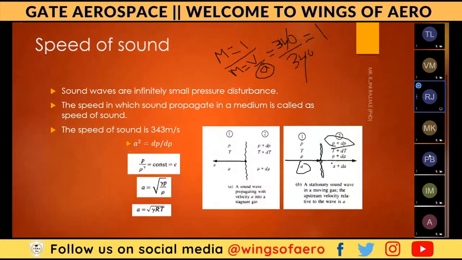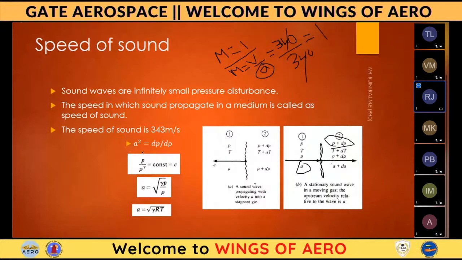By substituting this and calculating, we will get A square equal to dP by d rho.